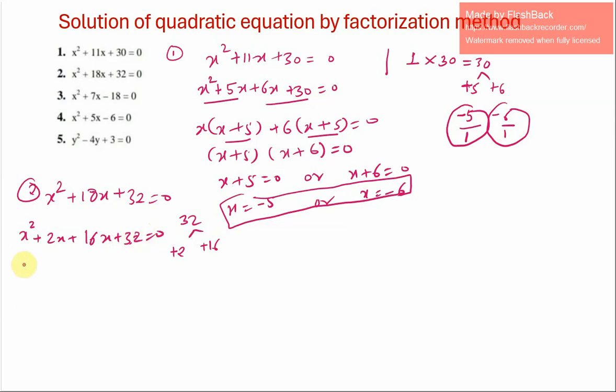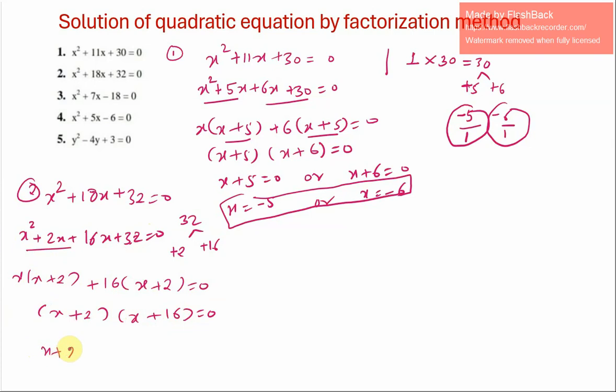Now taking things common, we get x into (x plus 2) plus 16 into (x plus 2) equals to 0, which is the same as (x plus 2) multiplied by (x plus 16) equals to 0. And then finally, after equating both factors to 0, we get the first root as x equals to minus 2 and the second root as x equals to minus 16.